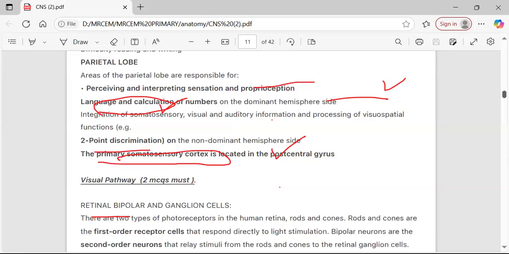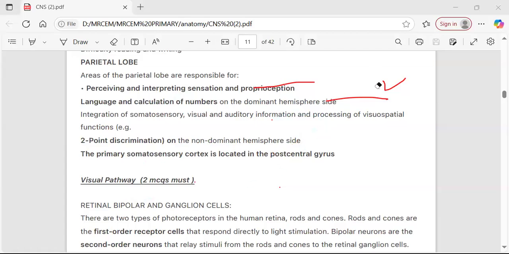Then the parietal lobe. The parietal lobe is responsible for receiving and interpreting sensation and proprioception. So I told you that it's lying in front, it interprets from all of the lobes.